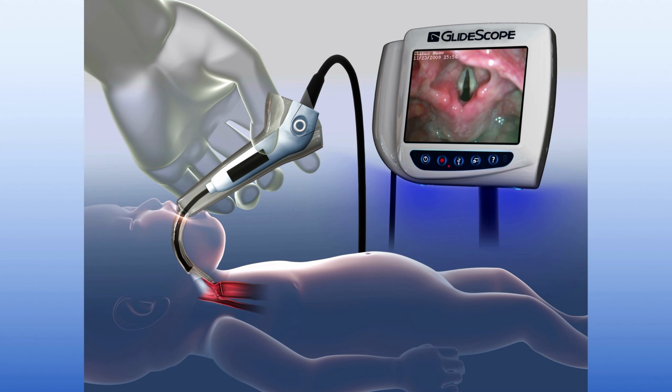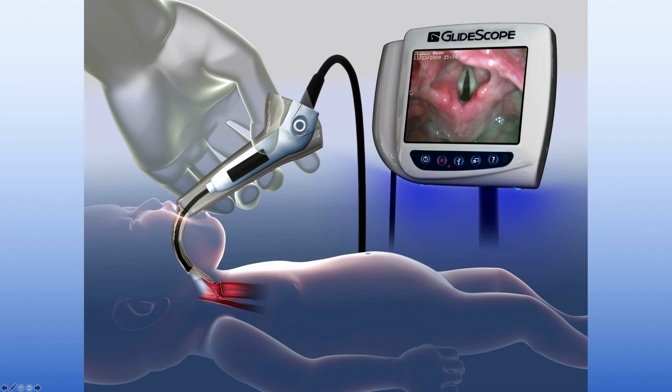There are other scopes too that use fiber optics. This is a laryngoscope that has more of a curve than we use for the ones that require direct vision. So instead of looking down here, we're actually looking at a screen, and it's using fiber optics to get the view right here.